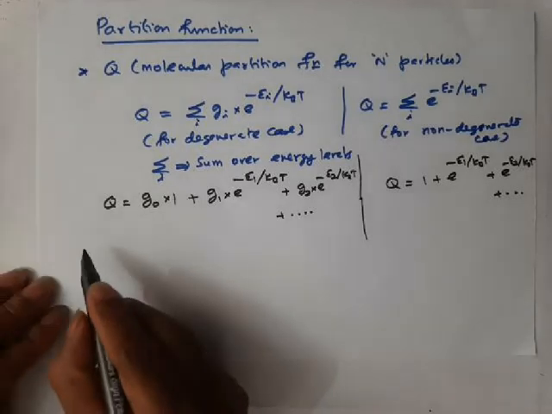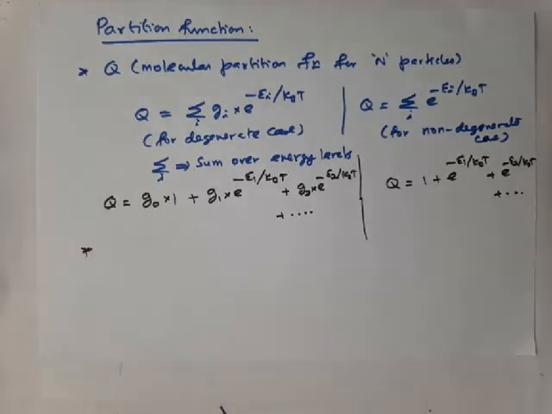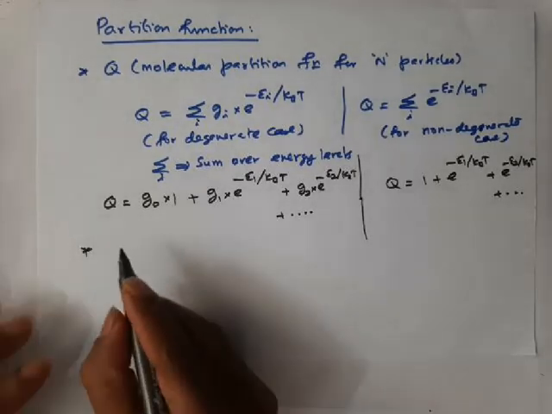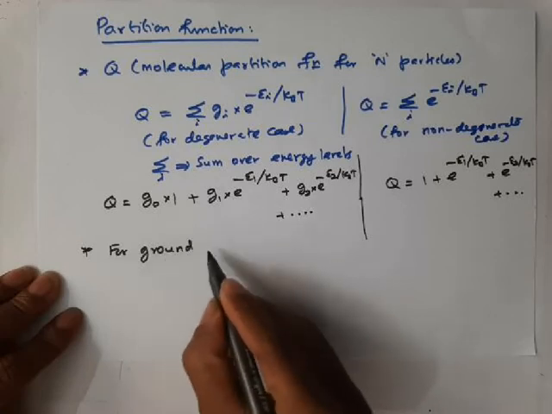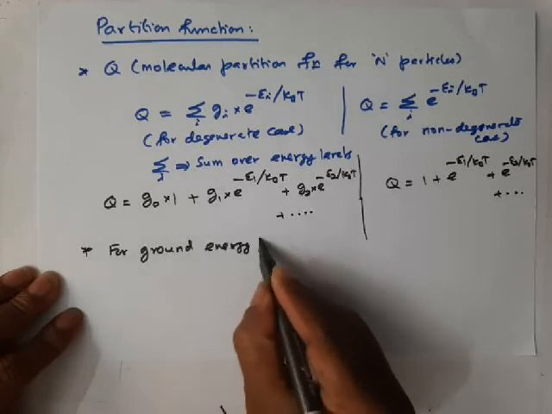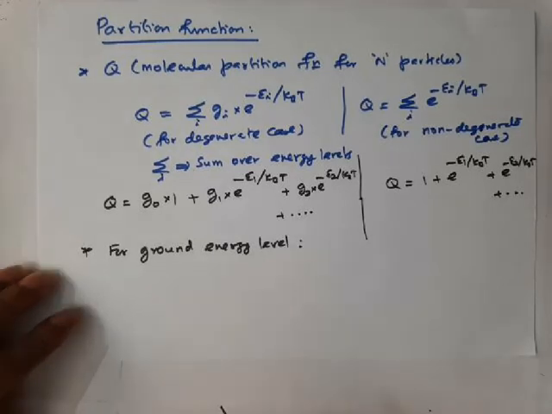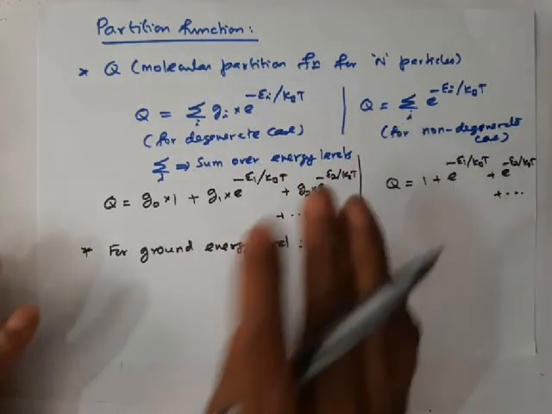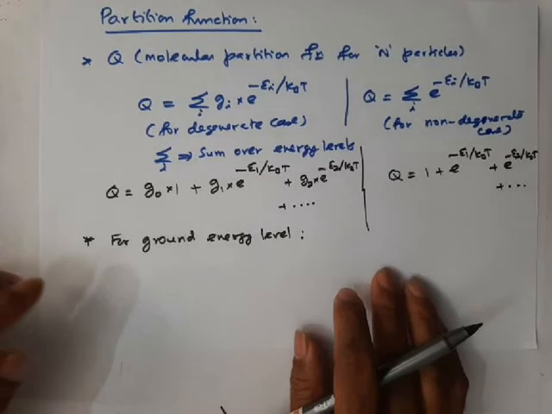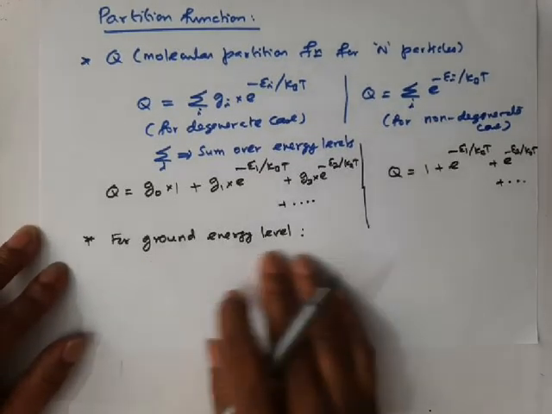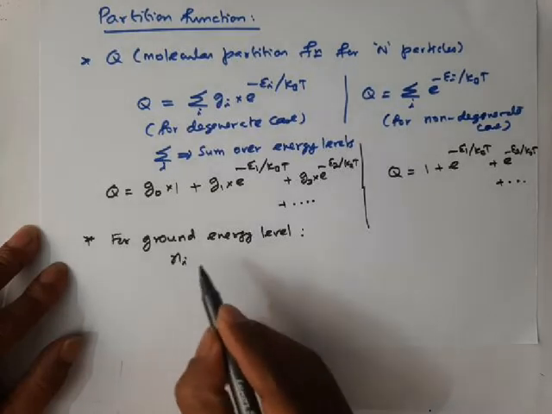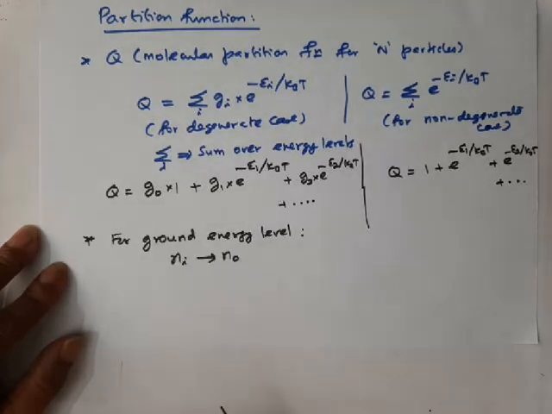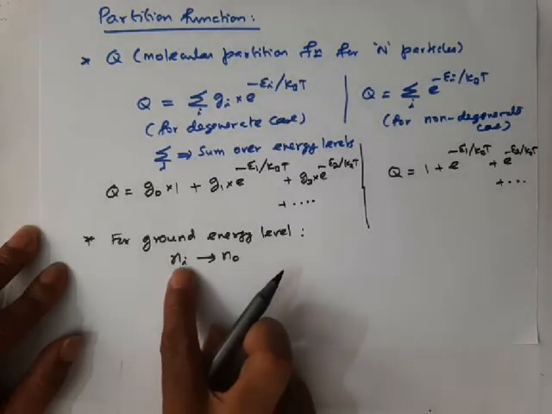Now, to understand what this Q is, I'll take the ground state, okay, the ground energy level. For the ground energy level, you can use this formula or that formula, you'll get the same expression, so that's not important here. For the ground energy level, you know very well, the number of particles in the ground energy level is represented as N0. Ni means number of particles in the ith level.